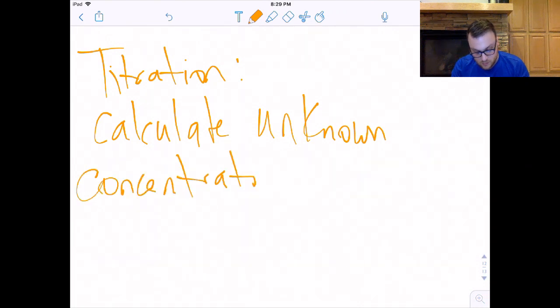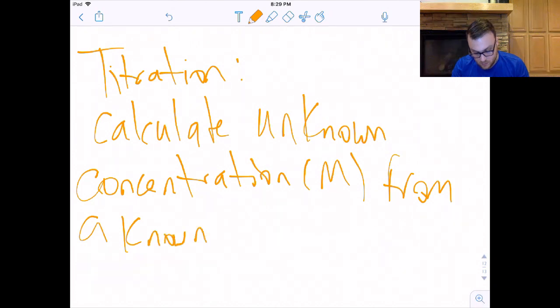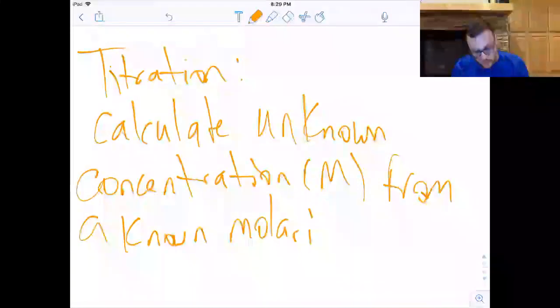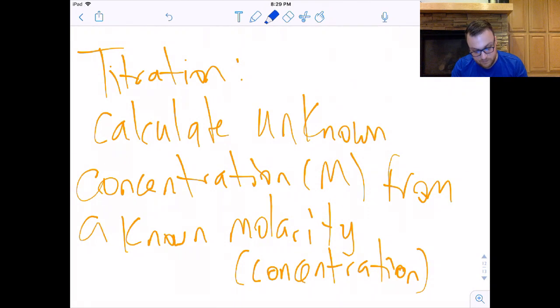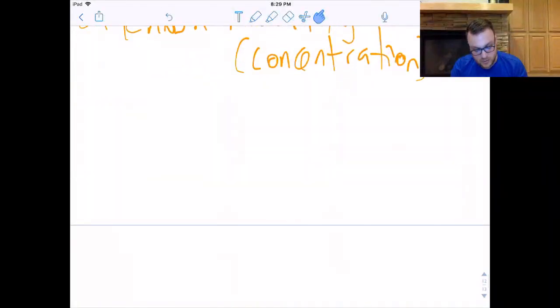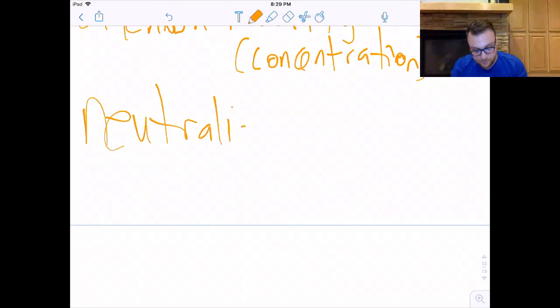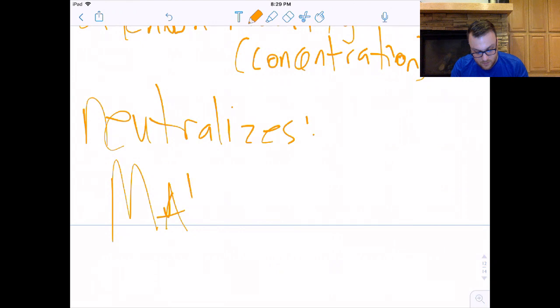More often than not, when you see the word titration or the word neutralizes in a problem, you're going to use the equation MAVA equals MBVB, which is given to you on the reference table.